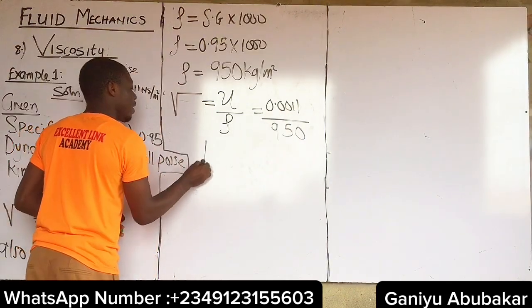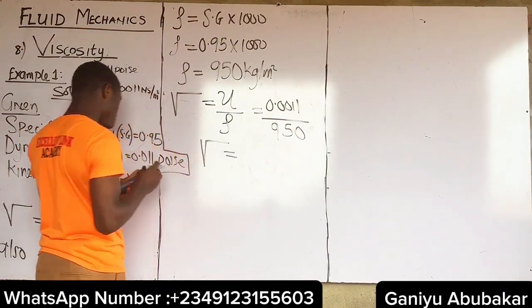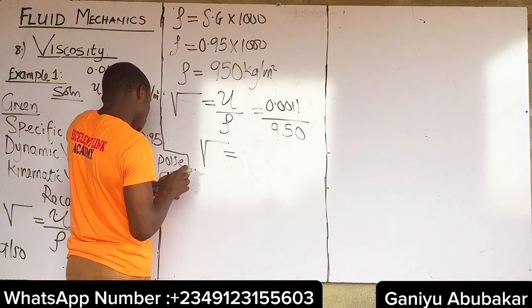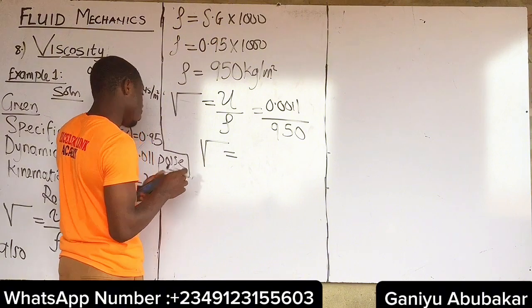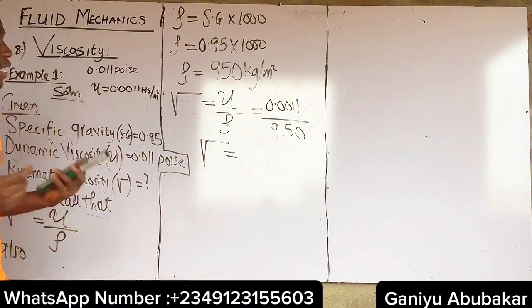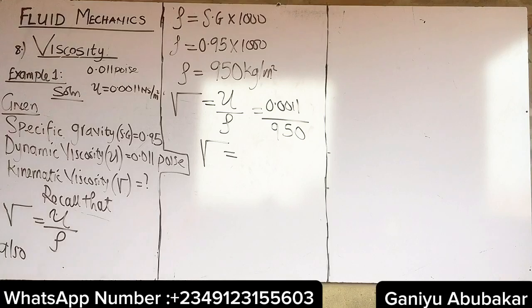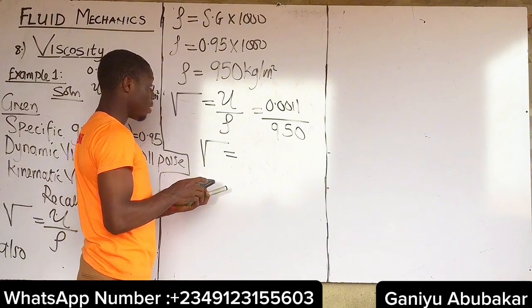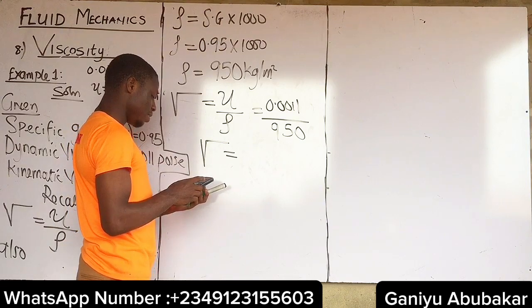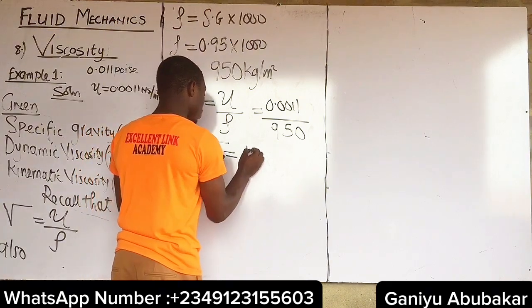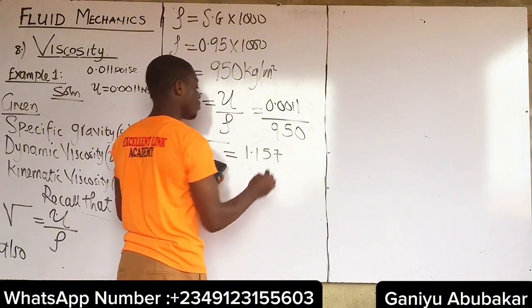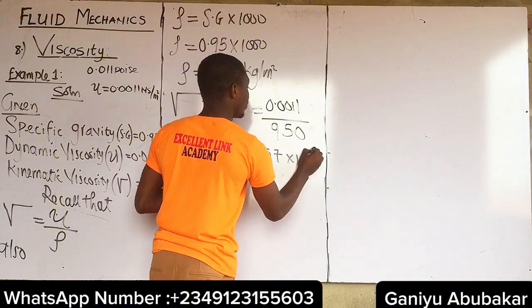Dividing the two, kinematic viscosity, nu, is 0.0011 divided by 950. I have about 1.157 times 10 to the power minus 6.